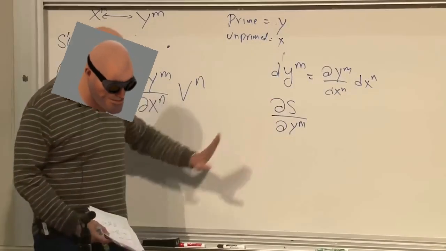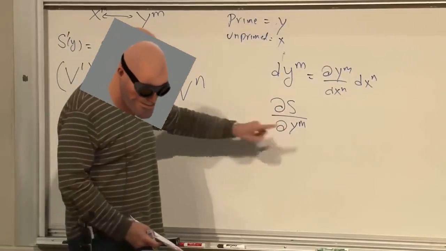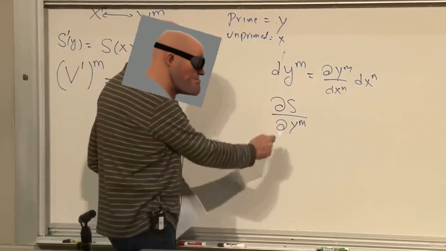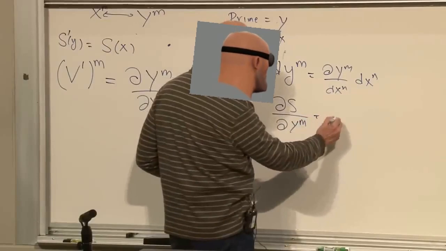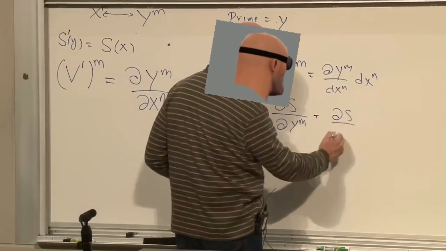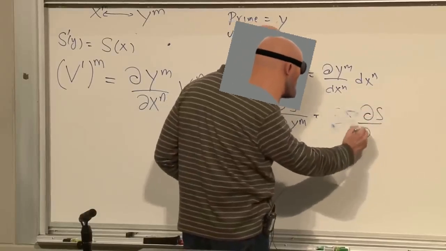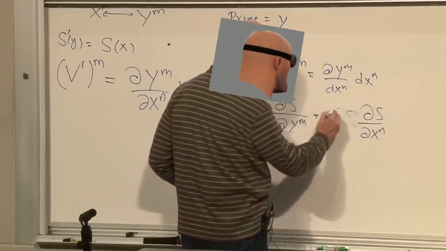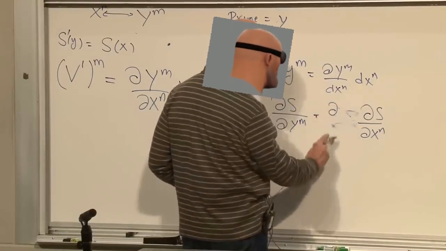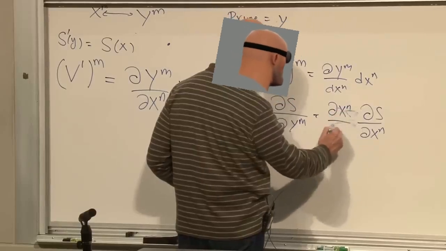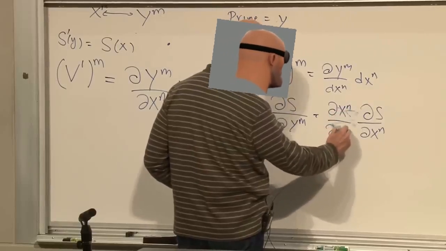This is the gradient of s, and I've differentiated with respect to y, not x. So this is a primed component, and this is equal to ds, well, let's write it this way, ds by dxn, dxn by dym.